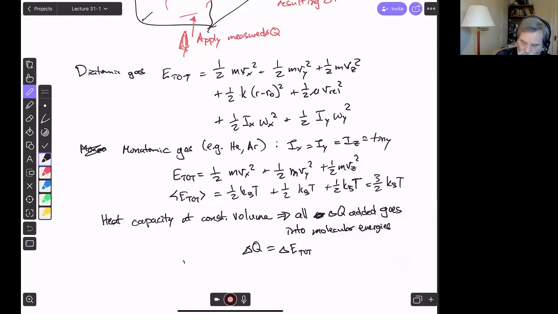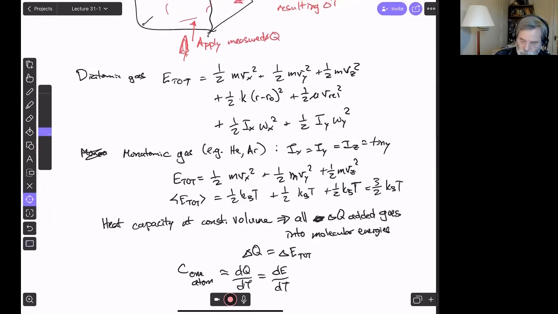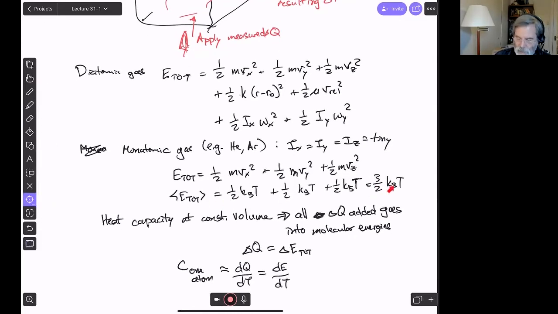So if I think about the heat capacity of one atom in this case, normally we'd write that as dQ by dT, but because delta Q equals delta E, I could write this as dE by dT. We just showed that the energy is 3/2 kBT.